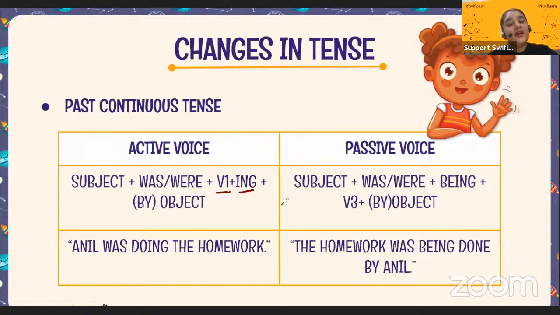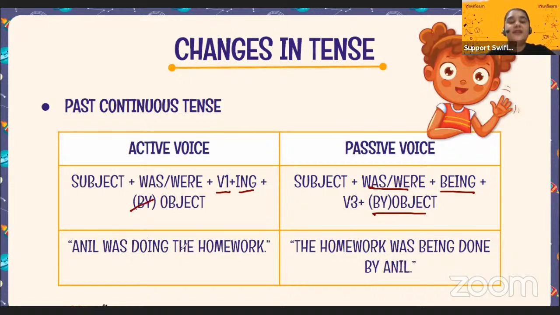When you are changing it into passive voice, subject, was/were, and then being, plus verb third form and by object. Now tell me here, will by come in active voice or not? Yes, it will not come, okay? Clear? So you will not use by.